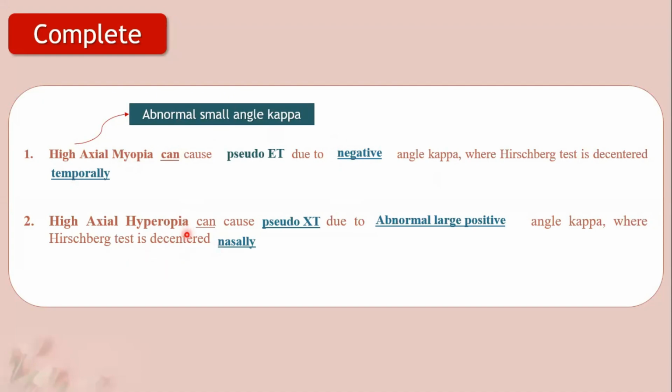They think that hyperopia is a small eye, so the angle should be small. No, it's not that. The angle is abnormally large, positive. I think Dr. Ralia is among us today, and she offered a nice mnemonic. Myopia is corrected by minus glasses, so you can remember we have something negative. And hyperopia is corrected by plus lenses, so we have abnormally large positive angle. Try to memorize this statement because it's fundamental.